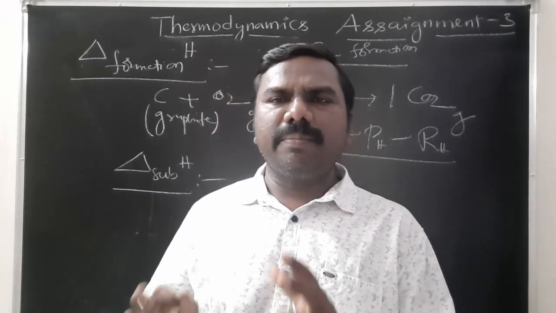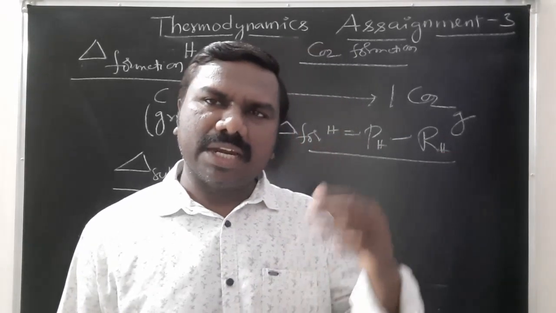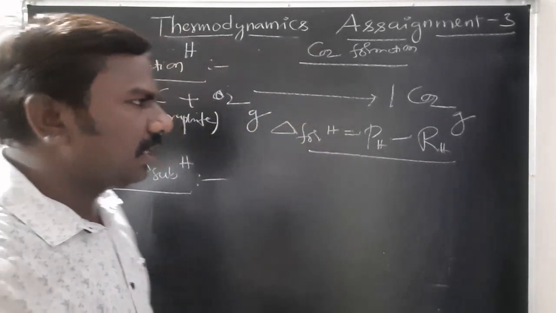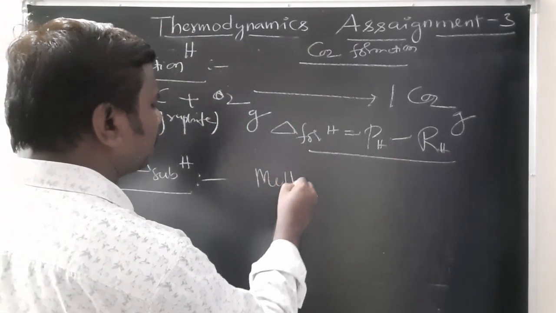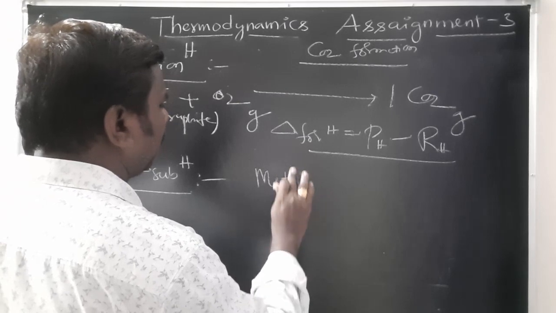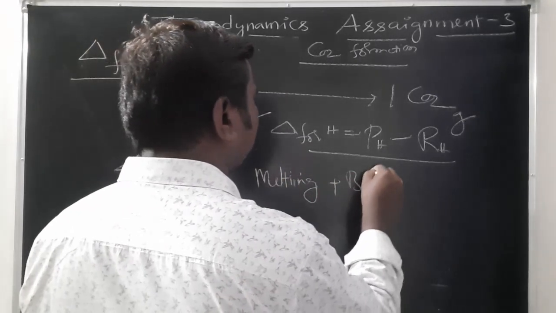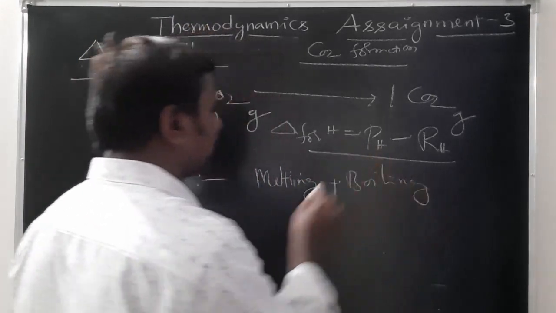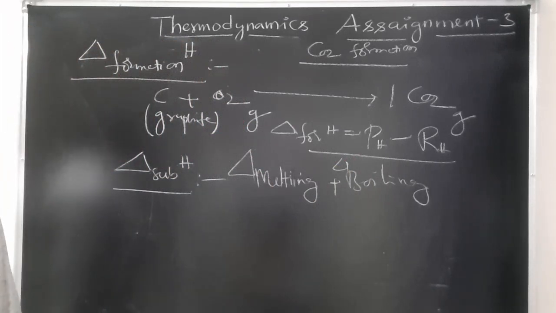First one is melting, second one is boiling. First one is liquefaction, second one is vaporization. Now it is nothing but melting plus boiling. Enthalpy of melting plus enthalpy of boiling, students. Okay. Next.